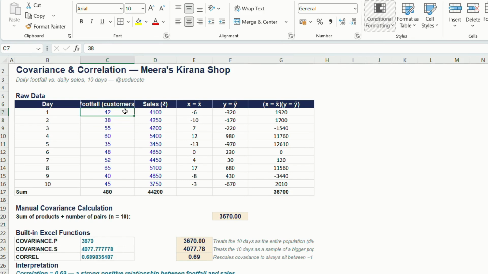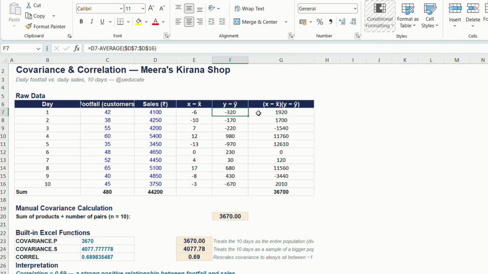First, the x variable minus the average of the x variables, from day 1 to day 10. Day 1 itself is C7 minus the average of the whole range, and y minus the average of the whole y range.